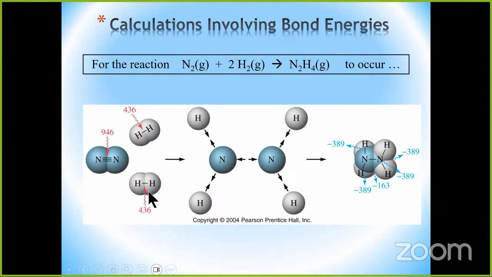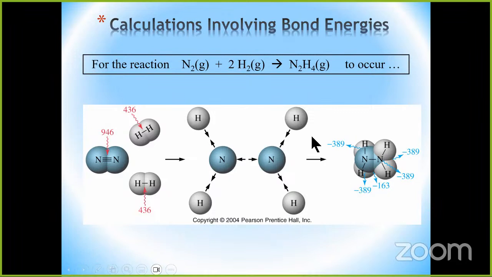Then you have the bond formation between each nitrogen atom and two hydrogen atoms. The bond breaking would take place here, here, and here. They come together, and then when the bonds are formed, energy is released.